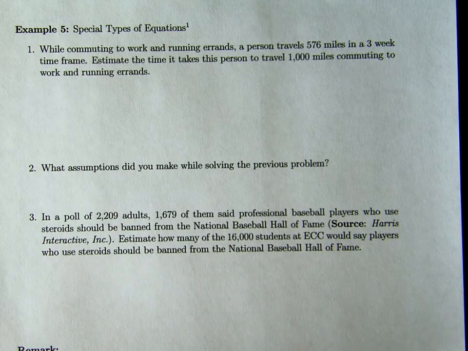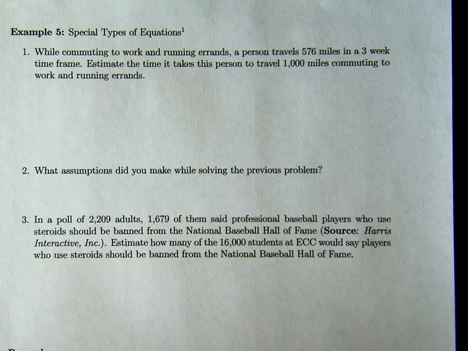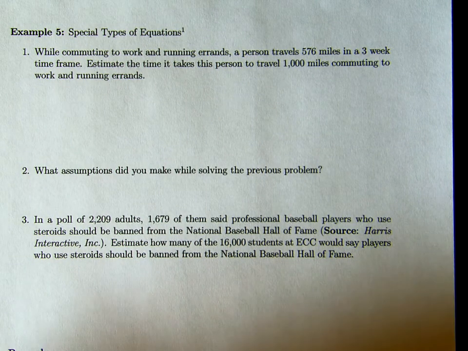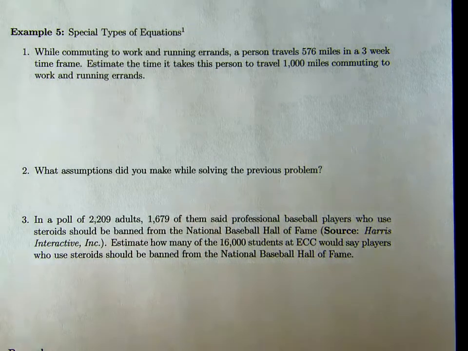While commuting to work and running errands, a person travels 576 miles in a 3-week time frame. Estimate the time it takes this person to travel 1,000 miles commuting to work and running errands. Okay, here we go. So here's what I see.